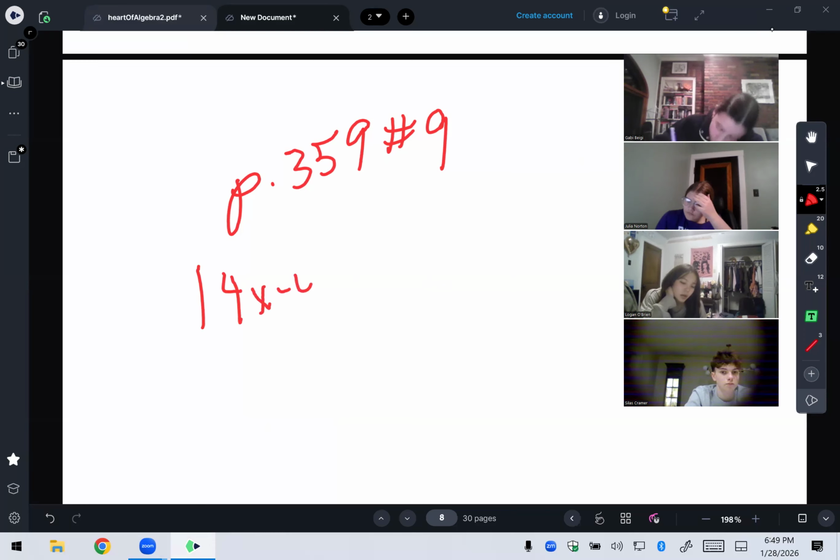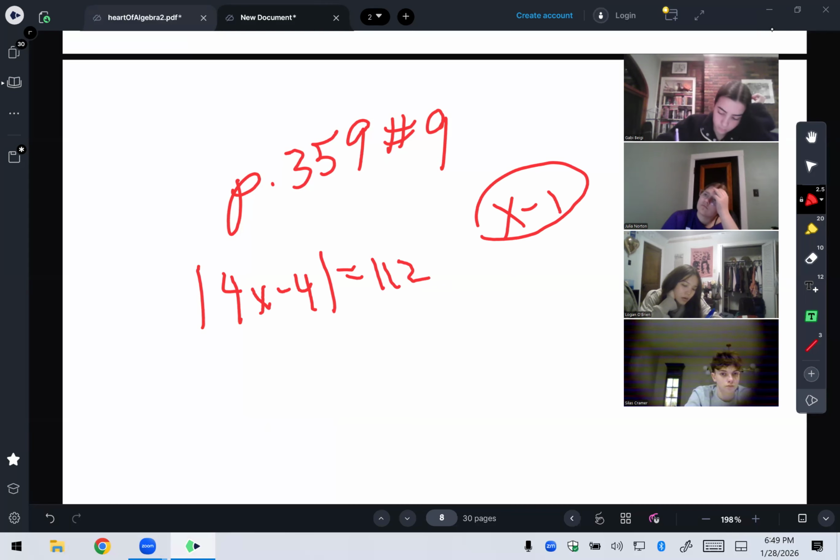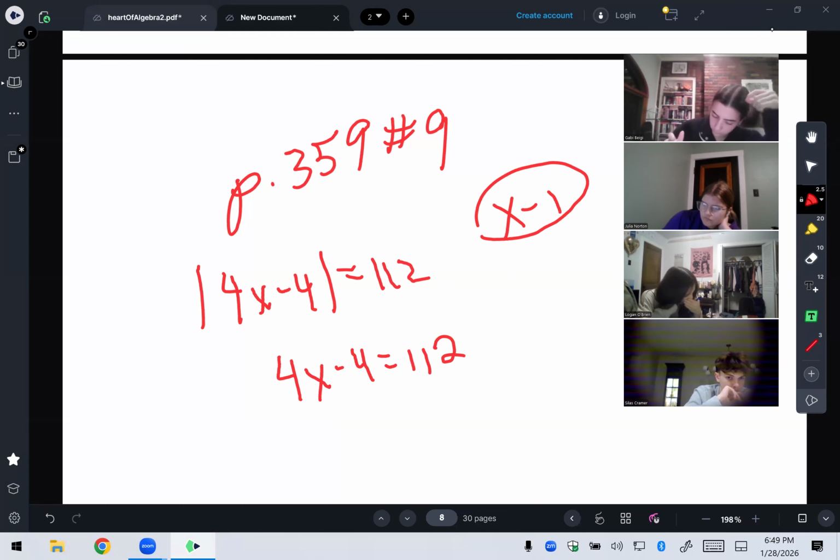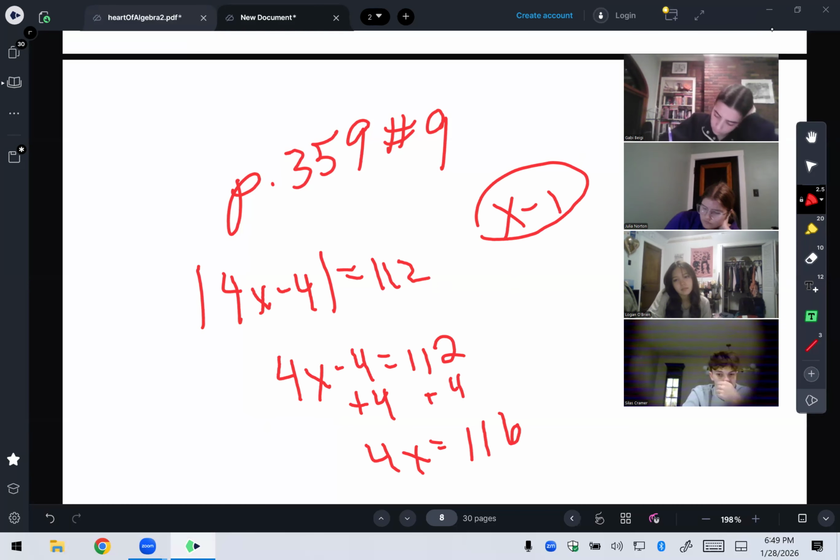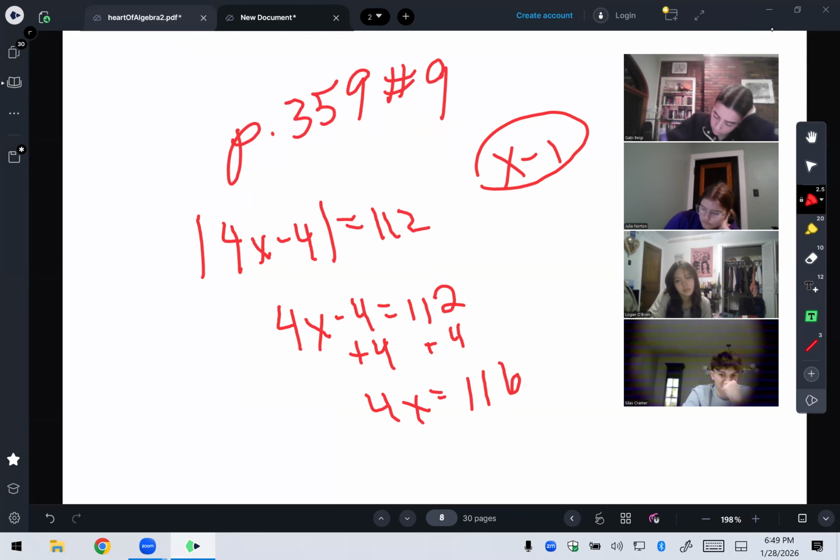4x minus 4 equals 112. We want the positive value of x minus 1. So I take this out. 4x minus 4 is 112. Add 4 to both sides. 4x is 116. Divide both sides by 4.